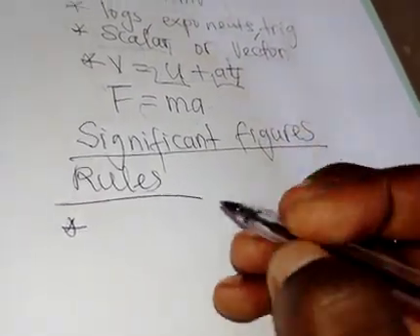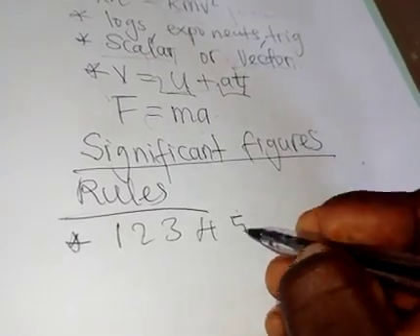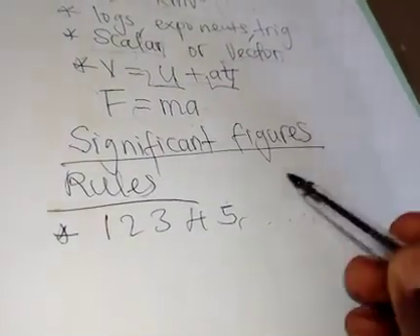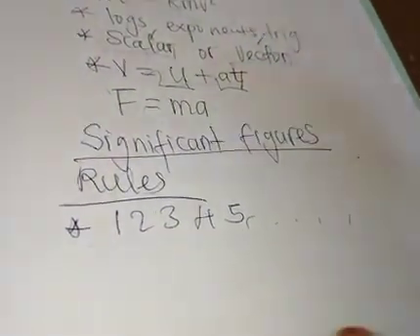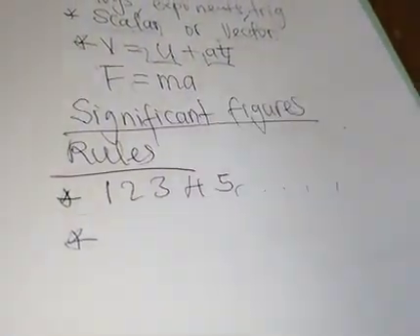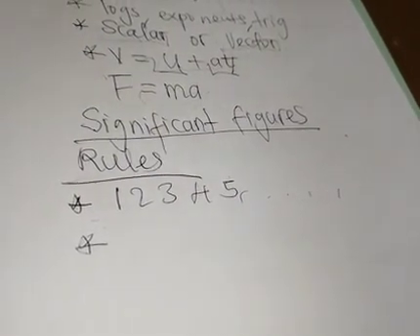All non-zero digits are significant. Those are non-zero digits. All these are significant, and so on. Then the second rule: all zeros occurring between non-zero digits are significant.